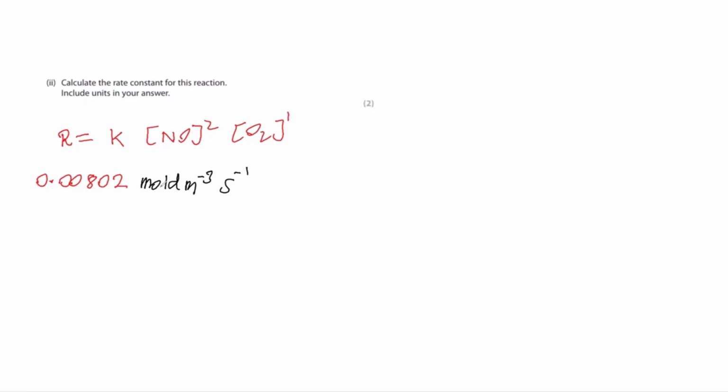Concentration change is moles per cubic decimeter, time is per second, equals rate constant. We don't know the rate constant, that's what we have to find, times concentration of NO. Concentration of NO is 0.001, unit is moles per cubic decimeter to the power 2, because there's a power 2 here.